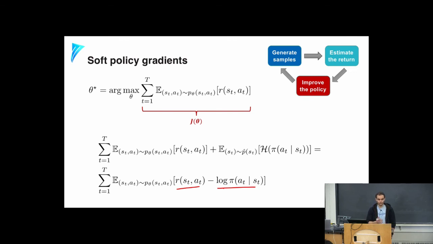So basically the only difference is that instead of having the standard rewards, we have augmented rewards with the entropy bonus. So we give a bonus to our policy to be more entropic or more random while optimizing the rewards. So there is not much change. You're going to take this objective, plug it into your REINFORCE algorithm, actor-critic, or other algorithms. You will get a max entropy version of that.